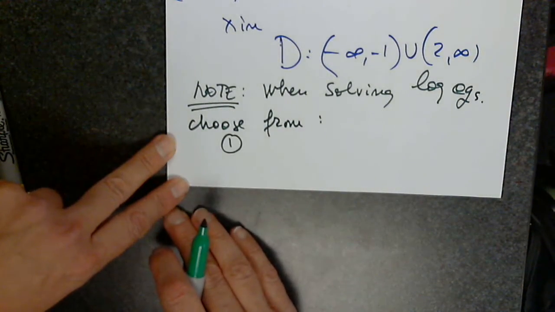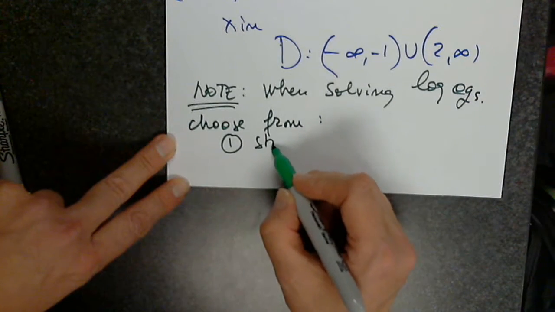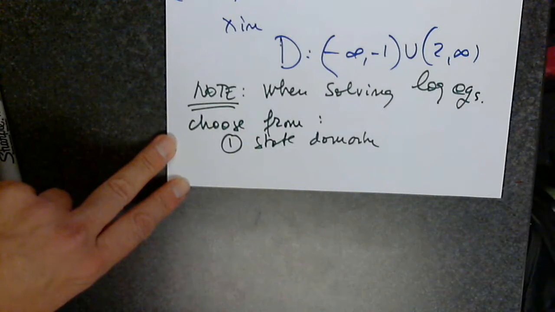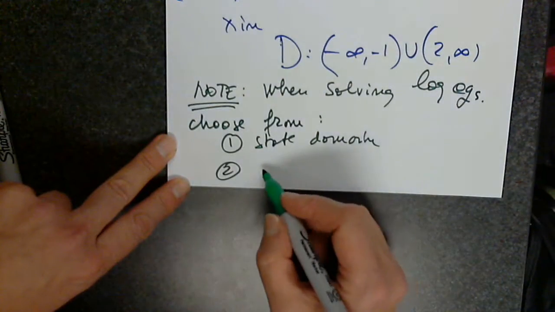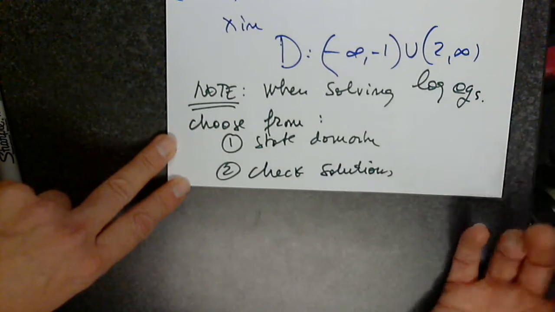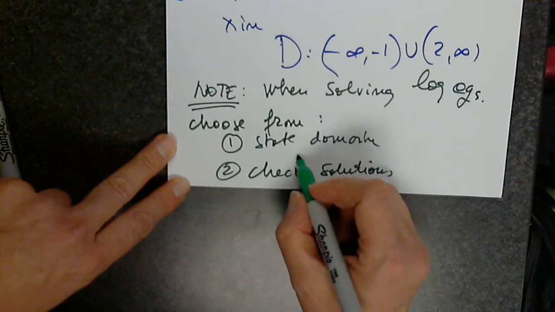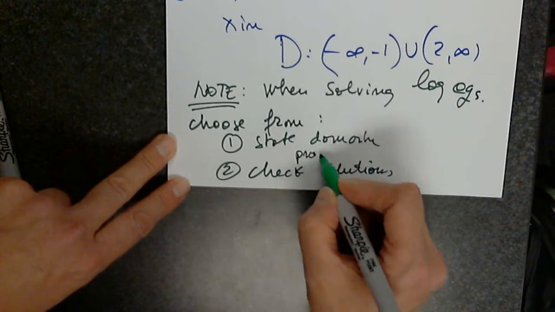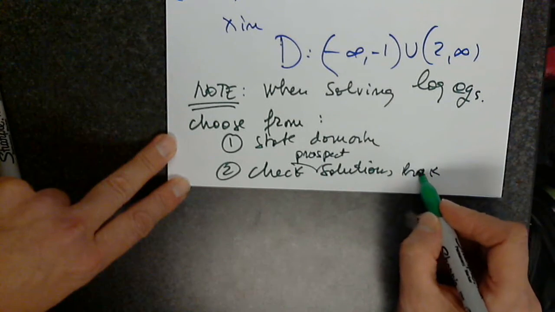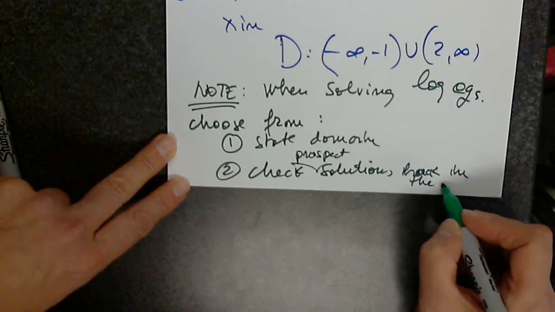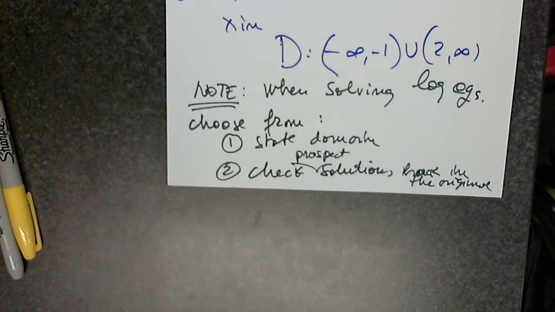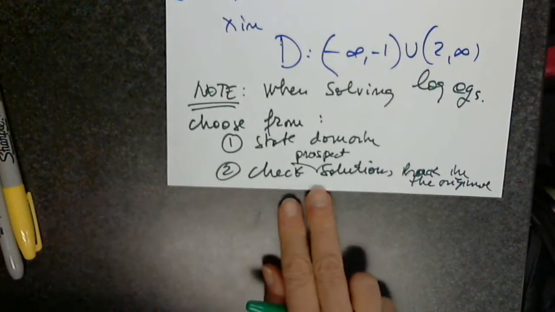State domain, and of course, check against the domain. Or 2, check solutions. I should say prospect solutions because they may work or may not work. Potential solutions, prospect. So check prospect solutions back in the original problem equation. So when solving log equations, you must choose one or the other.